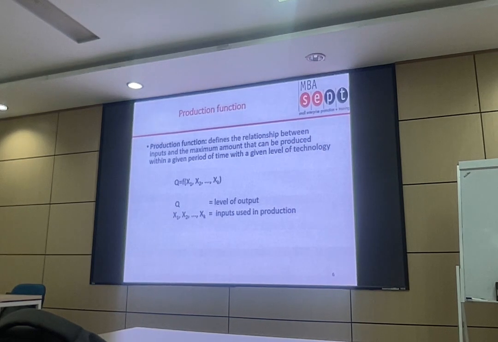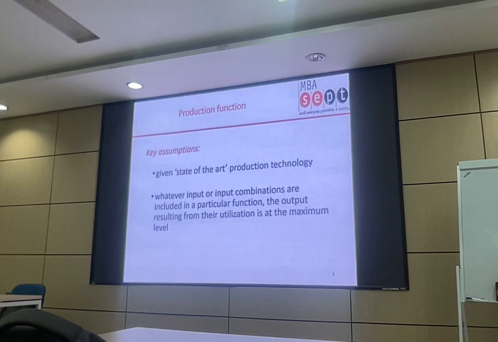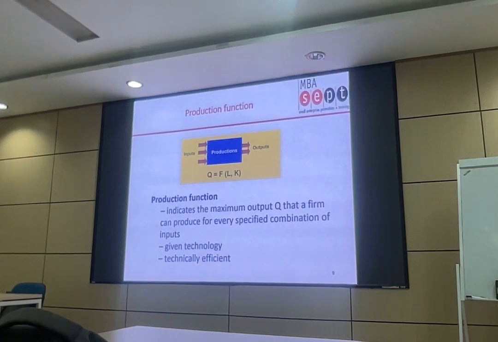Now, the next part is about the production function. You see that the production process is visualized by the use of inputs, and we make some transformation here to get the output.